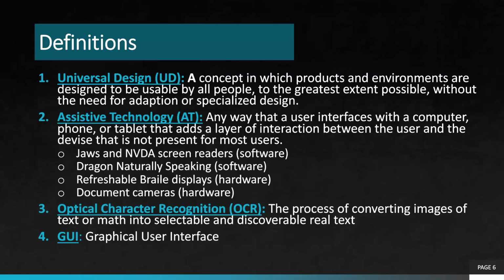So someone might use the JAWS or NVDA screen reader, that's software. Someone may use Dragon NaturallySpeaking, so that's voice command software. Someone might be using refreshable braille displays, hardware, or document cameras, hardware.